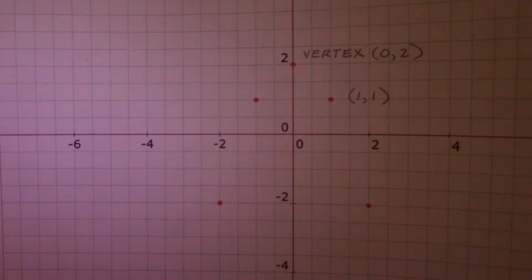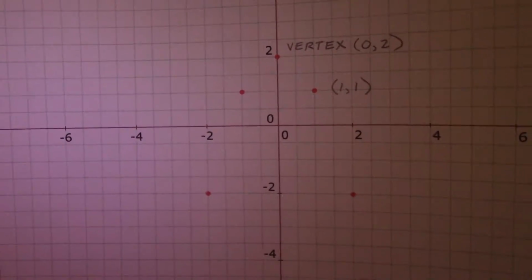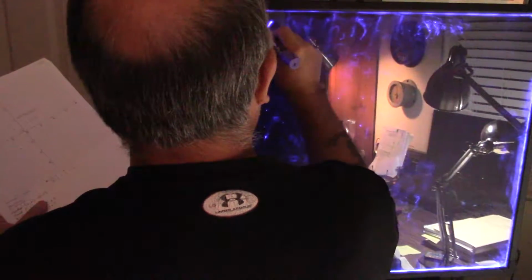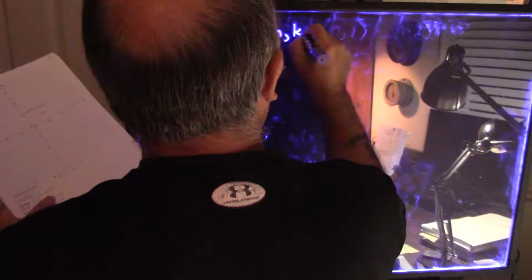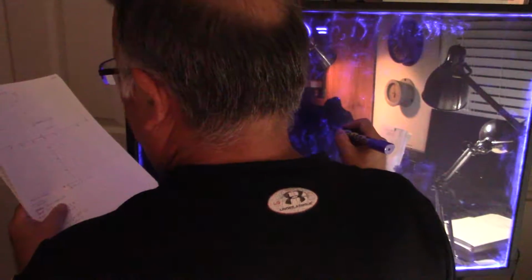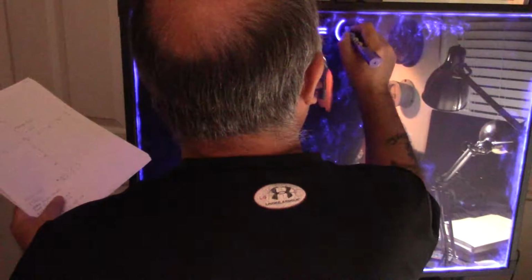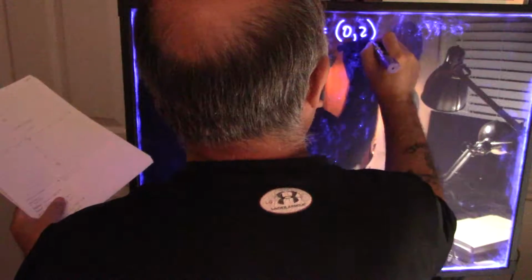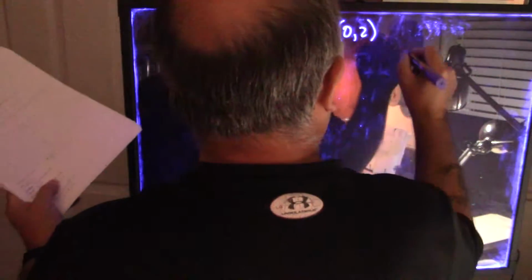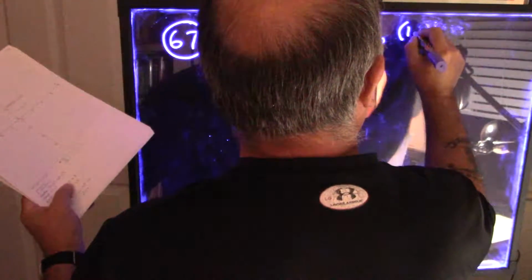You can pick any of the other points if you wish. And so we have vertex v of hk is 0, 2. And I picked point 1, 1.